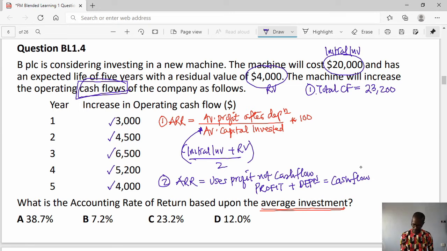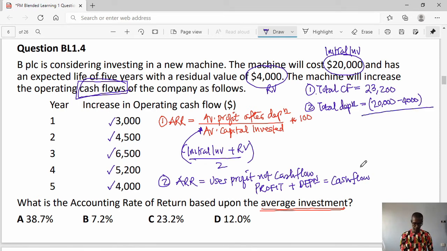Second, because we have the cash flow, we need to less the depreciation. We have total cash flow, we need total depreciation. If the initial investment is 20,000 and the residual value after 5 years is 4,000, initial minus residual value gives us the depreciable amount, not the depreciation per annum, but the total depreciation.